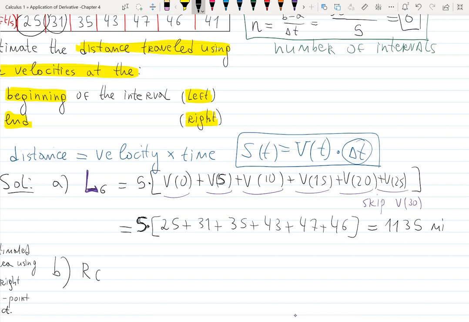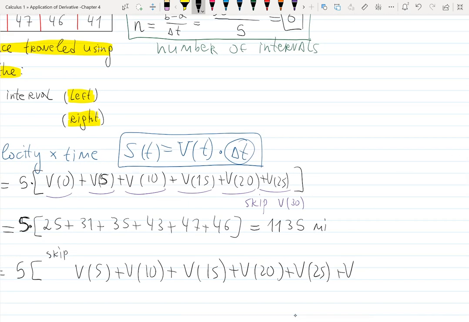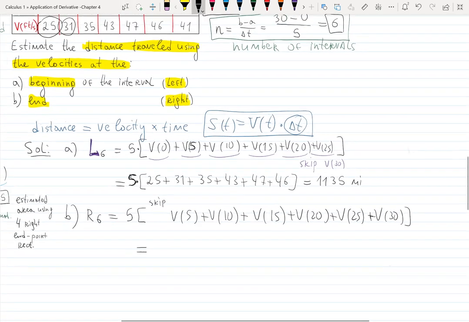Using right endpoints with the 6 intervals, 5 is still the same, but now I'm skipping v of 0. I will have v of 5 plus v of 10 plus v of 15 plus v of 20 plus v of 25, and the extra at the end will be v of 30. So I skipped v of 0, you see, because we use only right endpoints. Keep looking at the table.